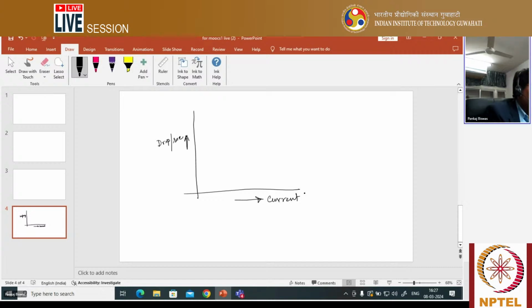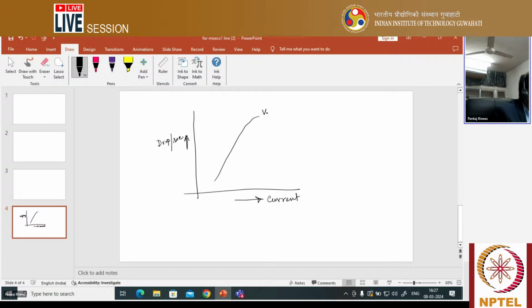Generally, with the increase of current, your drop transfer also will increase. That means if current is more, your drop transfer is also more, keeping all other parameters constant.